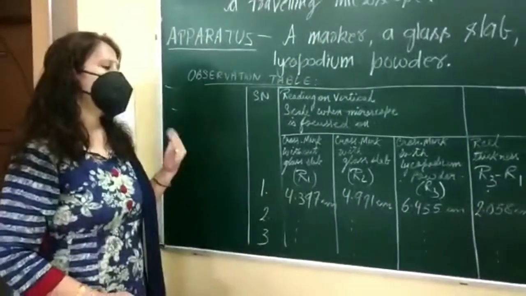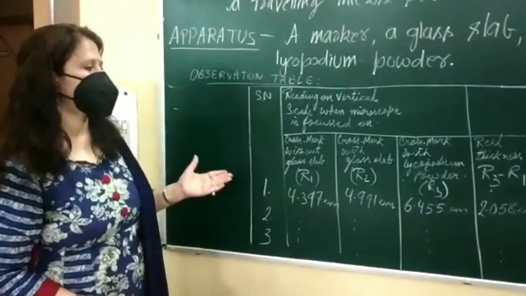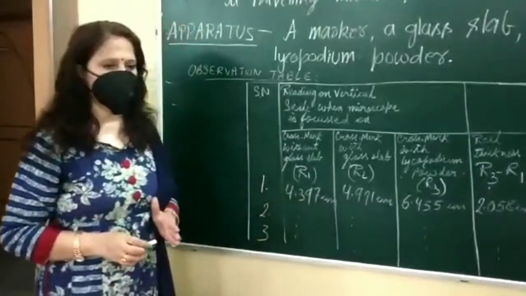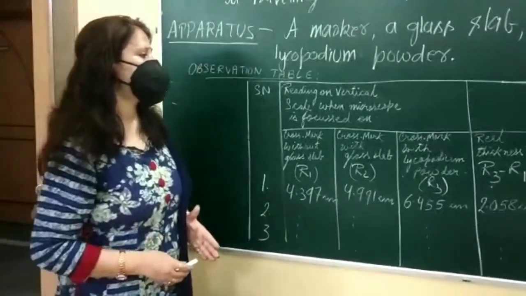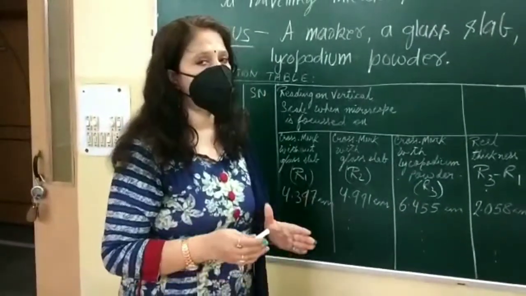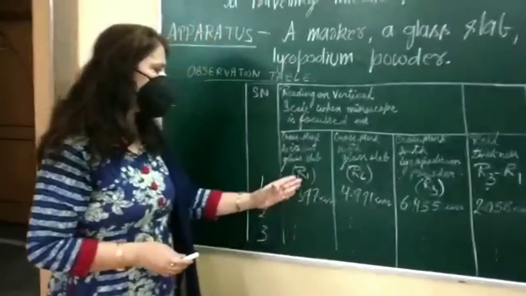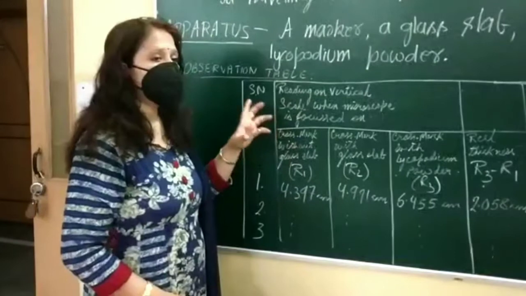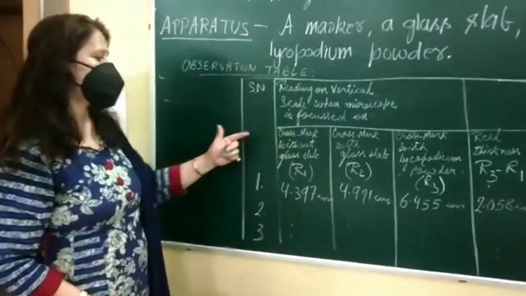But as in all experiments, here also there are some precautions which we should follow while taking the readings. Firstly, we should take the readings in a very proper manner. For the vertical scale reading, we have to focus the microscope properly and only then take the reading.